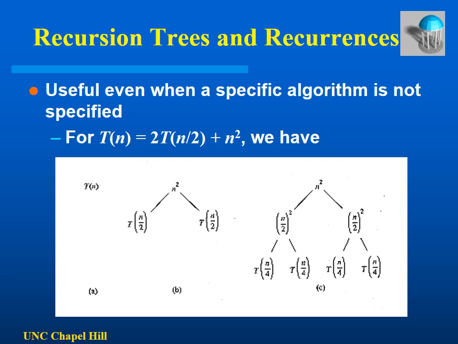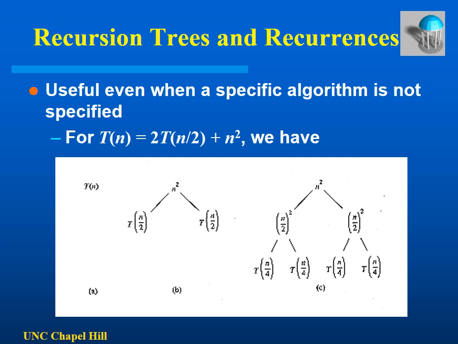Even if we don't have an algorithm, but we have a recursion tree that comes from a recurrence relation, we can do the same thing. So T of n equals 2T of n over 2 plus n squared, let's say. So now, instead of order n time at each step, we have order n squared time.